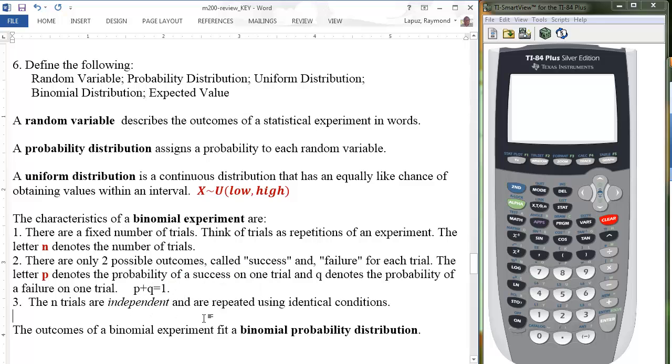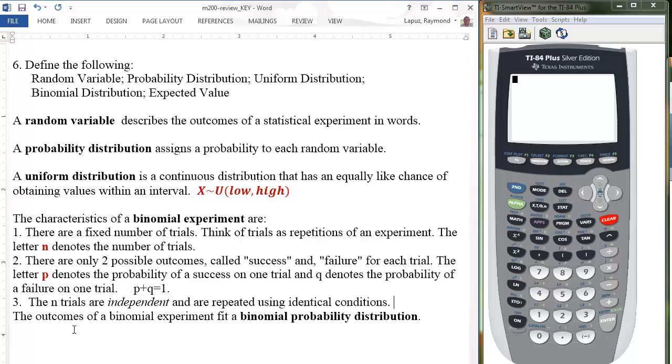Now it says here the trials are independent also. That gives us the fact that each time we run through the trial, it's independent of the previous trial, so our probabilities for each trial will remain constant. So having a binomial experiment leads to a binomial distribution.